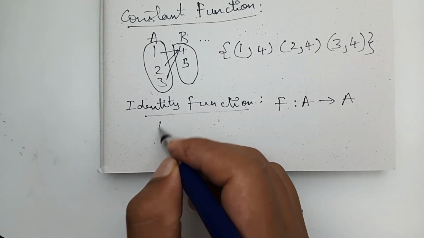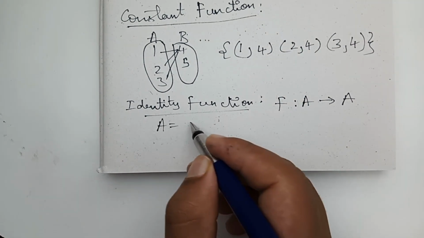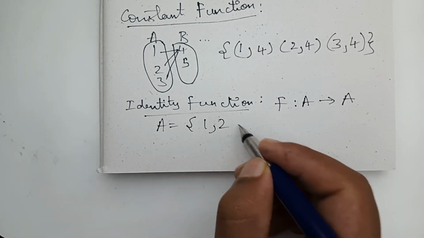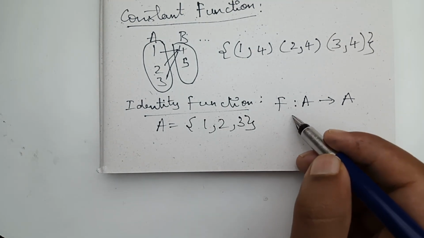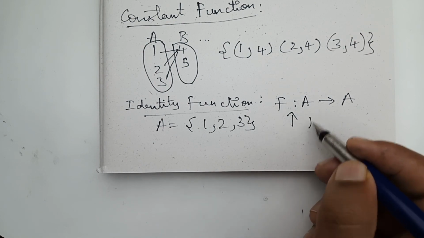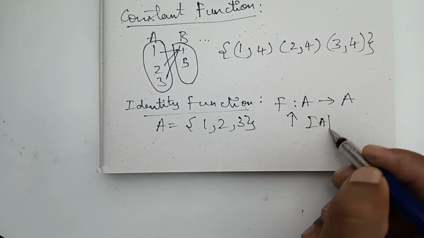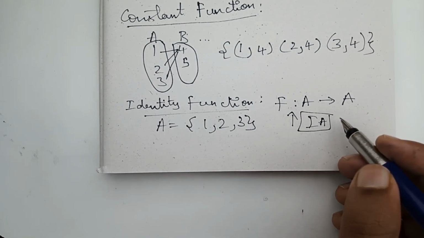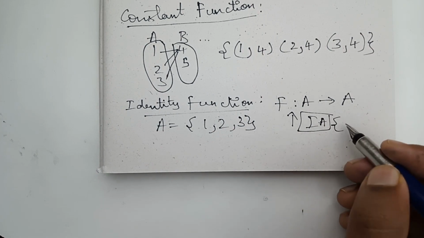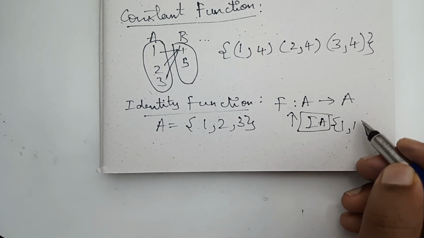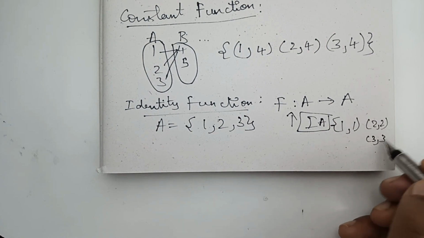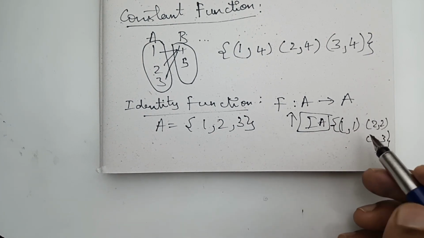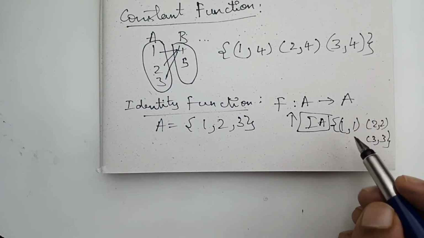So the answer here, first the set is 1 comma 2 comma 3. This is an example and the answer is I A, that is the identity function. The answer will be 1 comma 1, 2 comma 2 and 3 comma 3. This is the answer for the following.